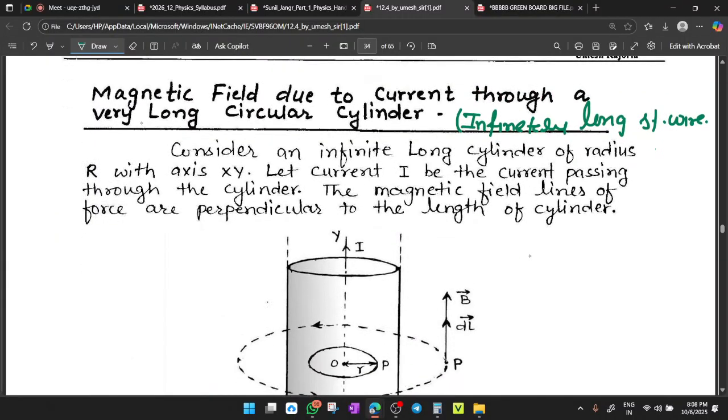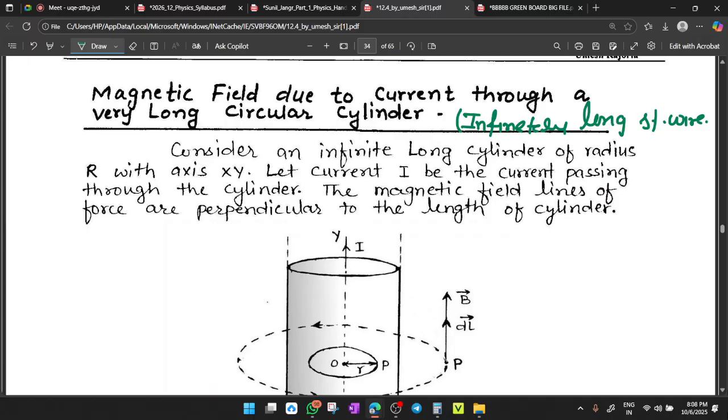So the same derivation is here: magnetic field due to a current through a very long circular cylinder. You have a circular cylinder having some area, some thickness. Clear?